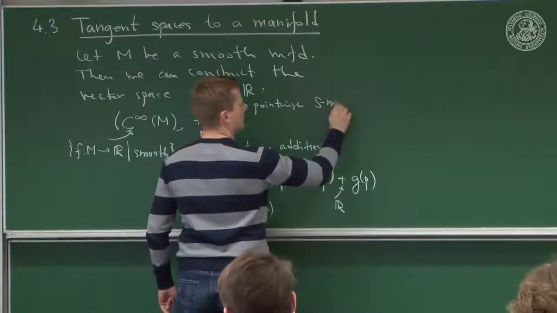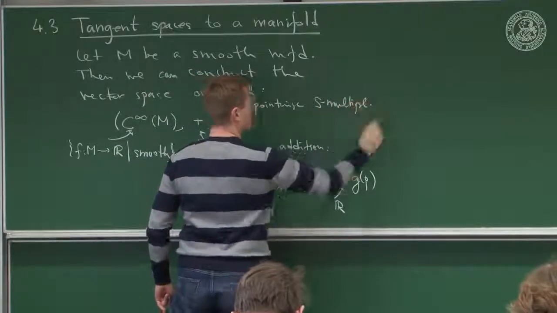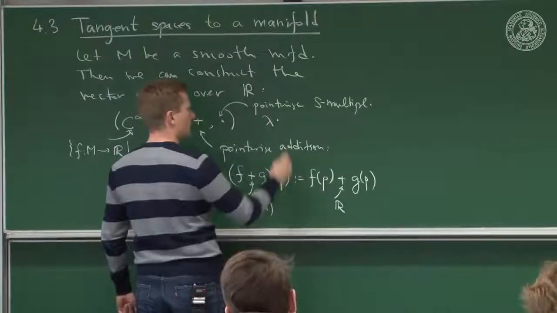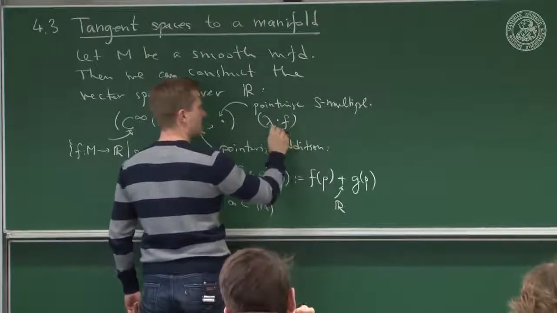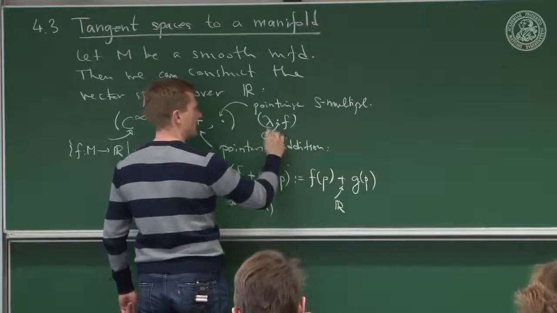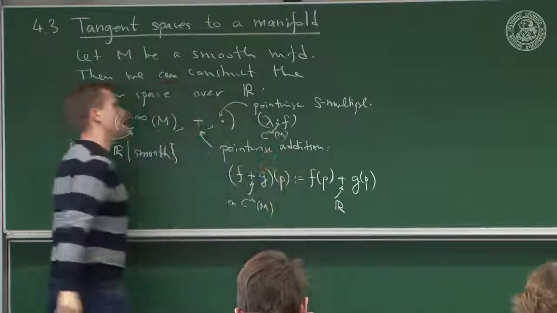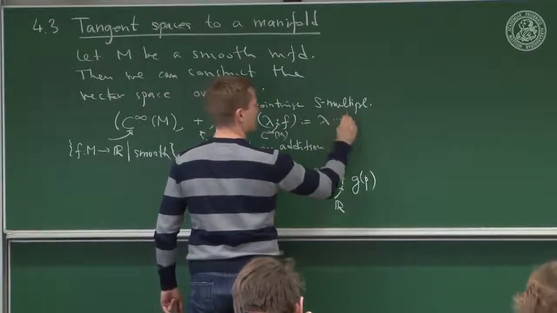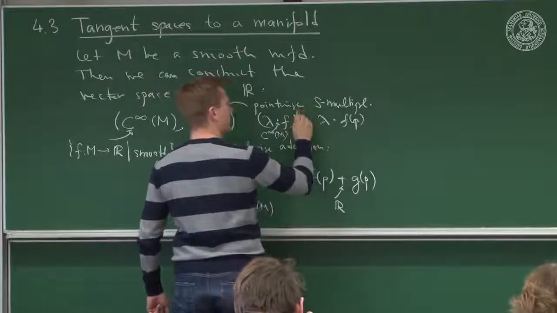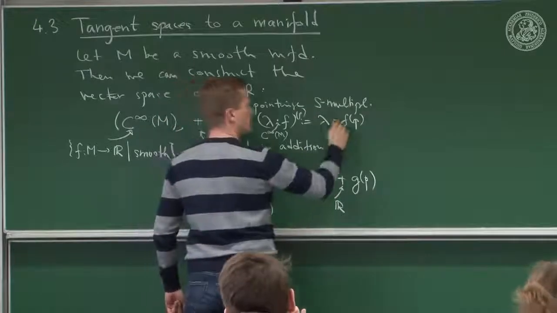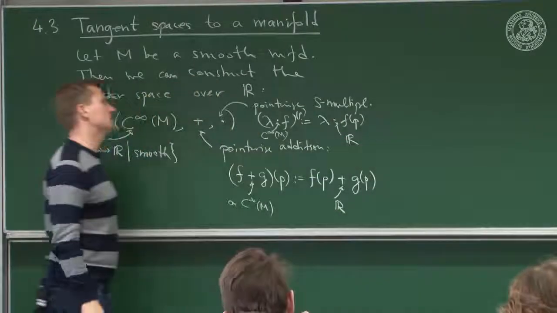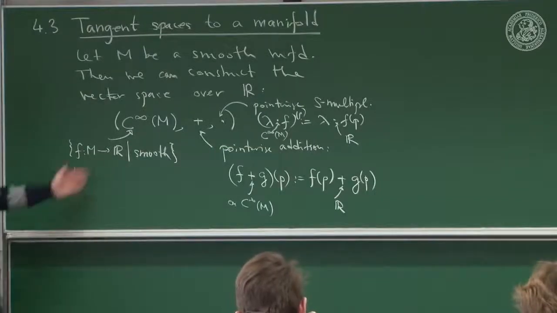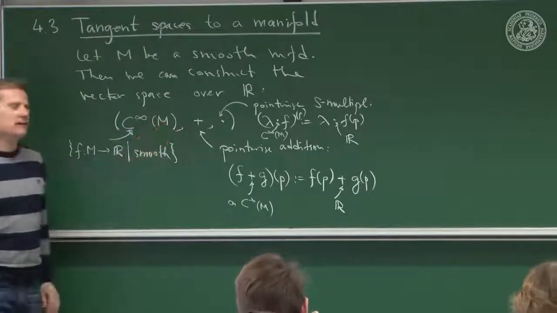And similarly here you have pointwise scalar multiplication, which is lambda times f, but this here is the scalar multiplication on this set, and it is defined as lambda times f of p if you evaluate this at p, and this is inherited from the multiplication on R. So now it's my claim that this is a vector space.